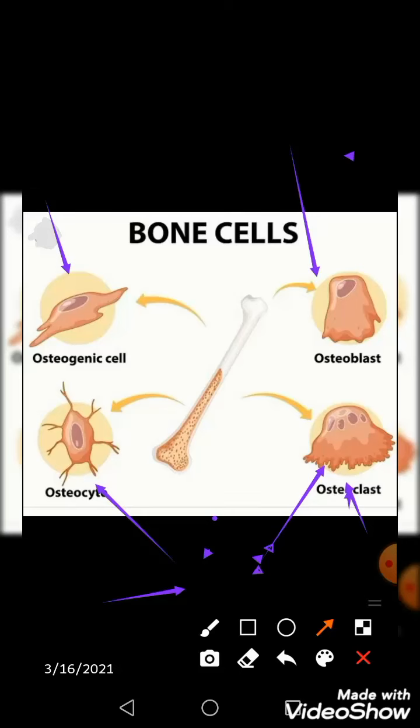Because they have to perform the function of bone destruction, bone resorption, and they dissolve the inorganic component and digest it. This is the property of phagocytosis. So by doing these functions, they become part of the mononuclear phagocytic system.